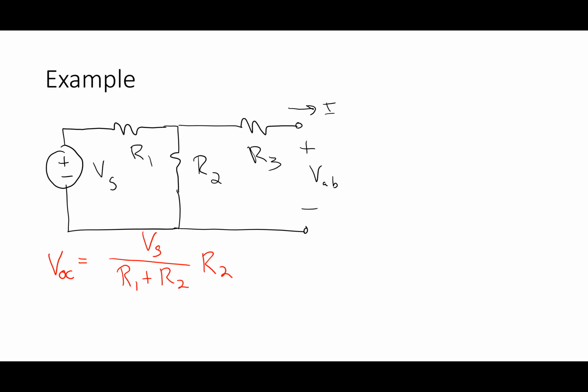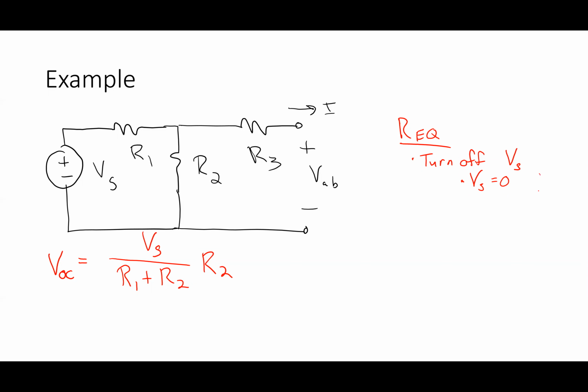Now, looking at this circuit, how would I figure out the equivalent resistance? For REQ, I turn off the source. Turning off VS means setting VS equal to 0.